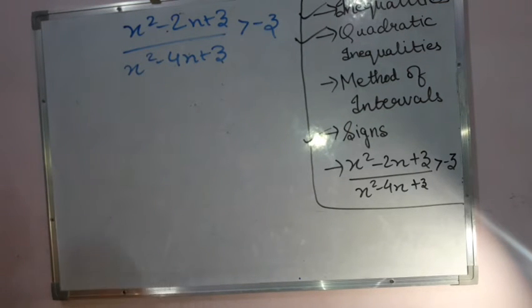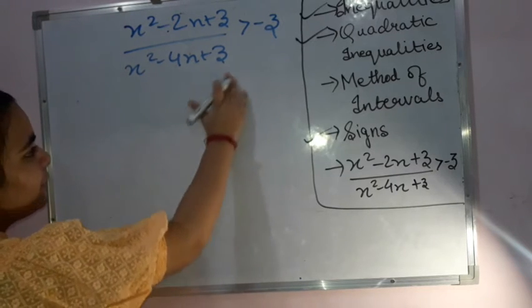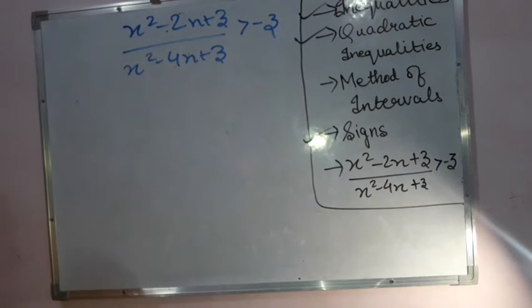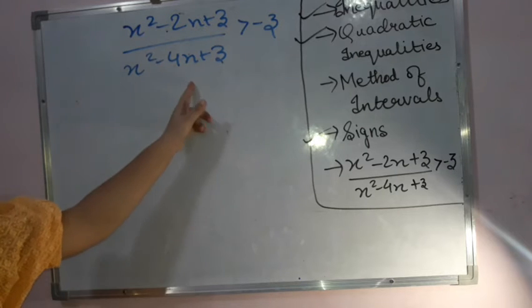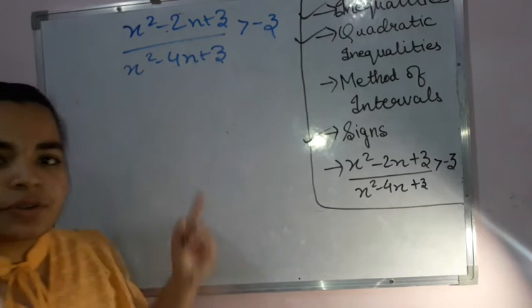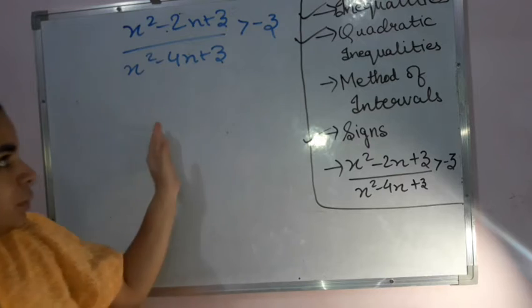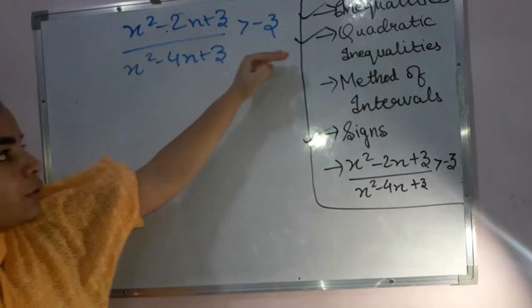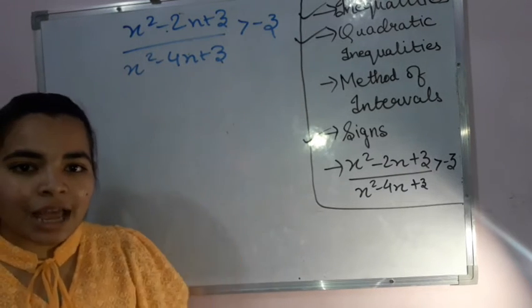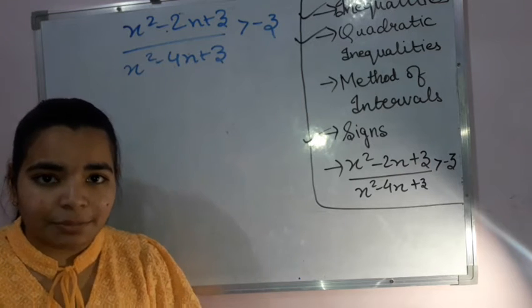Before doing this, let me just tell you how we actually bring the terms. When I am doing addition or subtraction on both sides, if I add something or subtract something, then the sign of inequality remains the same.